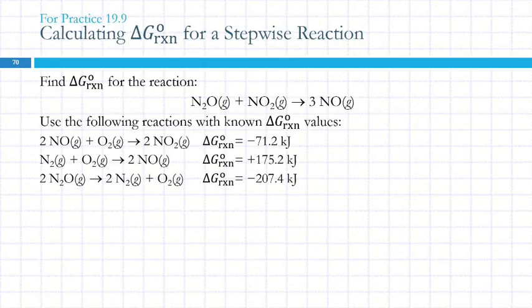I think it's helpful to highlight with color so that we can keep track of what we're looking at here, because there's N's and O's all over the place. So N2O, okay, see, I already made a mistake. This is N2O, that's not N2O, that's NO2. Okay, erase that.